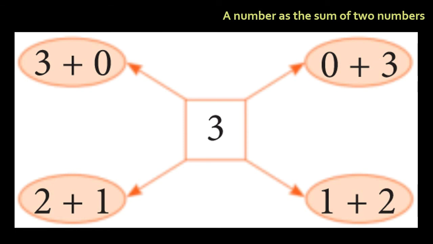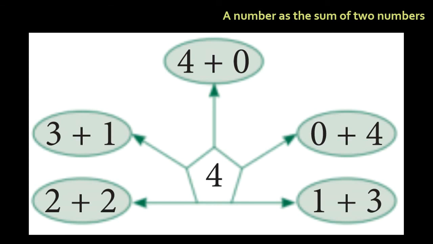So 3 may be written as 0 plus 3 or 3 plus 0, or we can add 2 and 1 to get 3. So 2 plus 1 or 1 plus 2. Like this, 3 can be expressed in different ways as sum of two numbers.